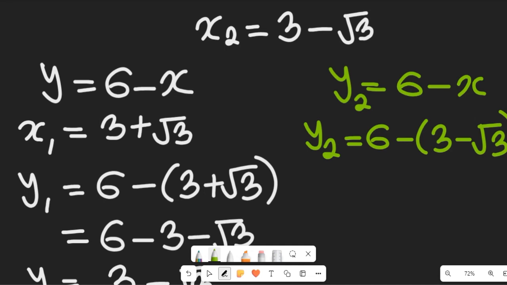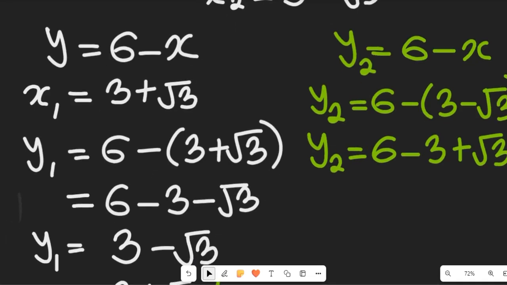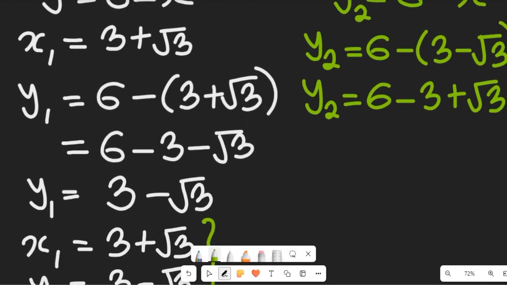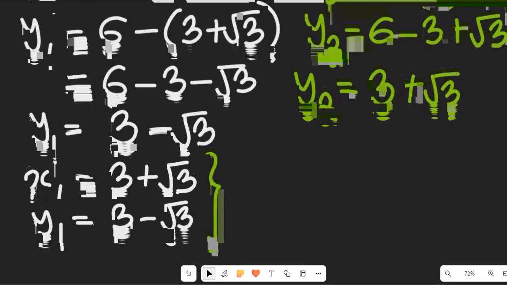So what do we have here? We have our y2 equal to 6 minus 3 plus root 3, which is 3 plus root 3. So our y2 is equal to 3 plus root 3.